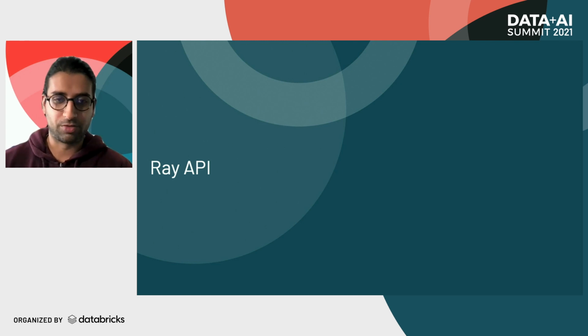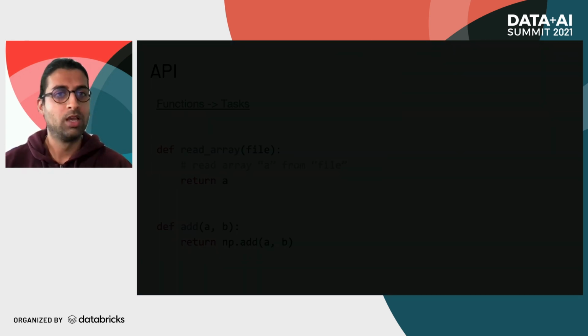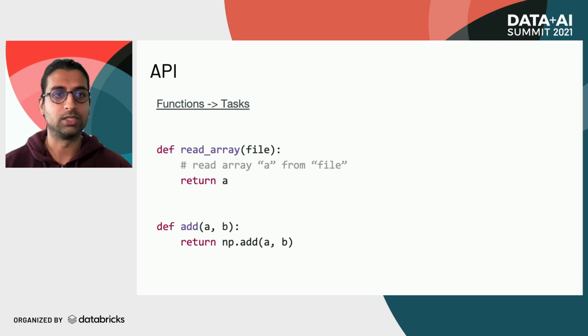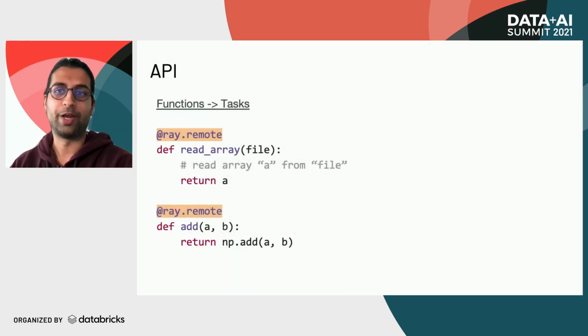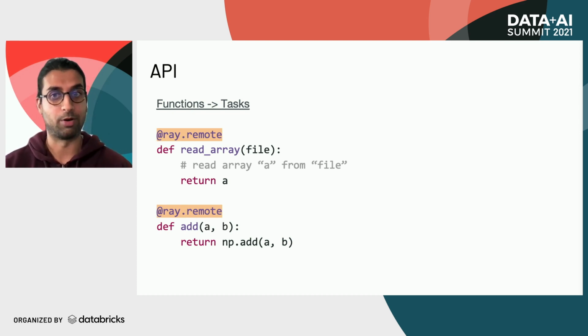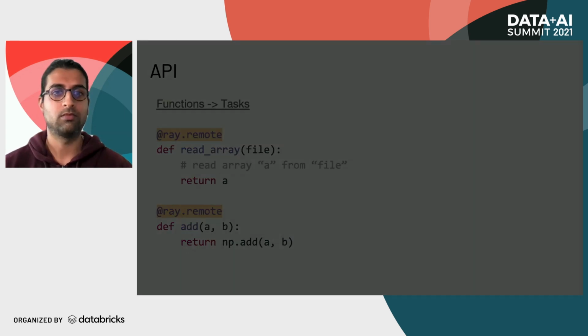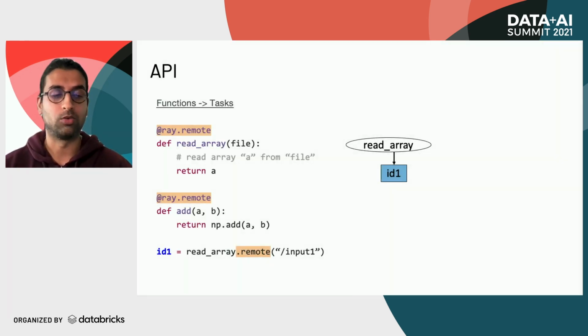So let me give you a glimpse of the Ray API. So here we just have a couple of simple Python functions. One of them reads an array from a file, and another one adds two arrays. The primitive that Ray exposes is this @ray.remote decorator. And what this does is it takes an arbitrary Python function and designates it as a remote function. Remote functions can then be called with function name .remote, highlighted here, and this will return immediately with a future, which takes the form of an object ID that represents the result.